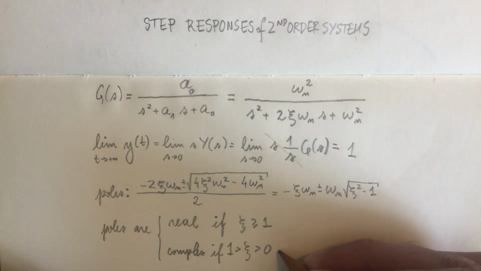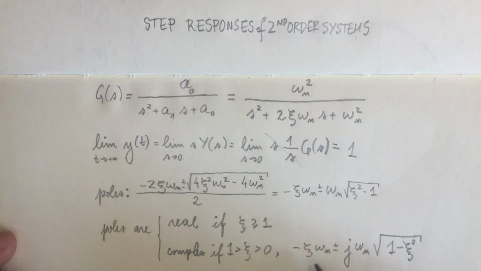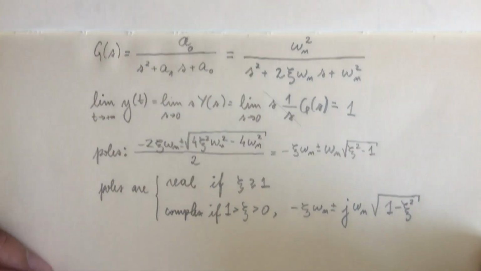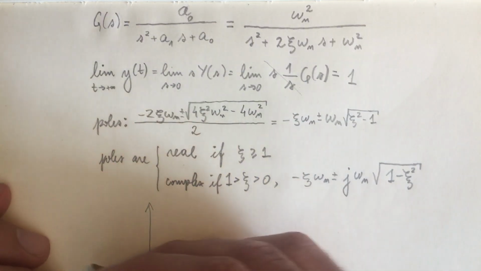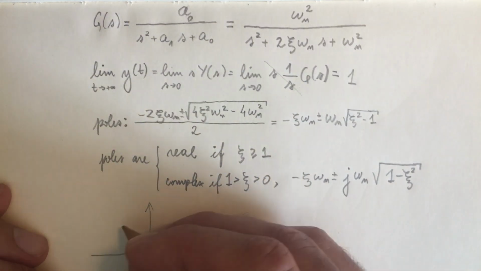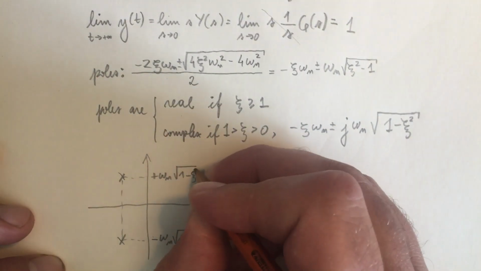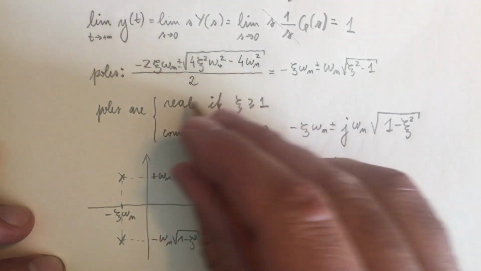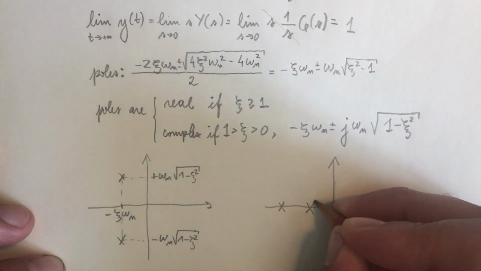In that case, they are given by this. This is the real part of the poles. This is the imaginary part of the poles. On the complex plane, we will be in this situation.